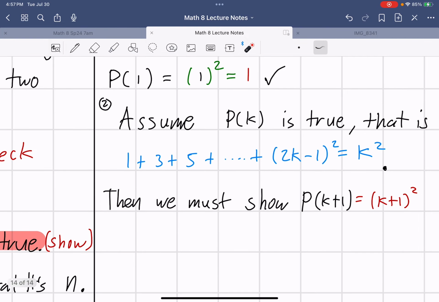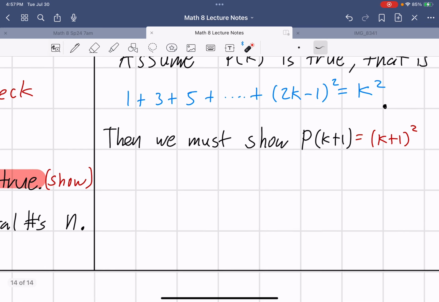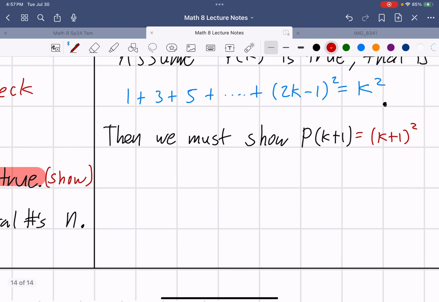And the reason for that is I have an idea of what my end should look like. So what does that mean?